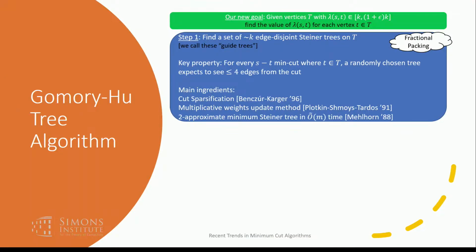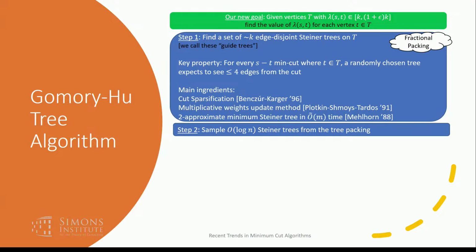And here the main ingredients were cut sparsification, the multiplicative weight update method that we've seen in previous talks in this workshop, and also, because Steiner tree is itself NP-hard, we instead use an approximate Steiner tree algorithm, and this one in particular was very useful for us.